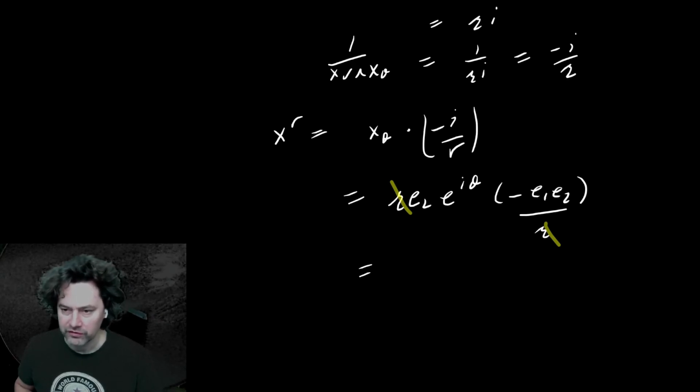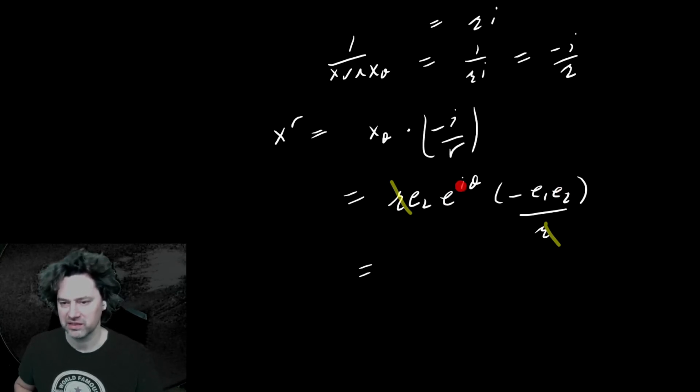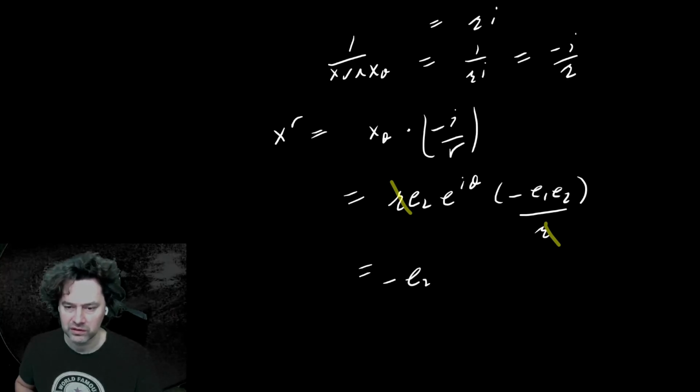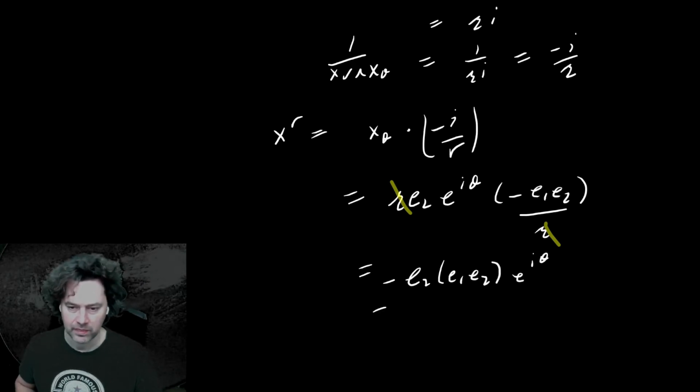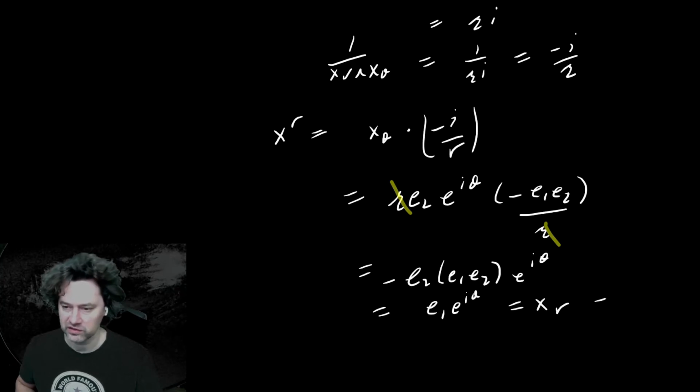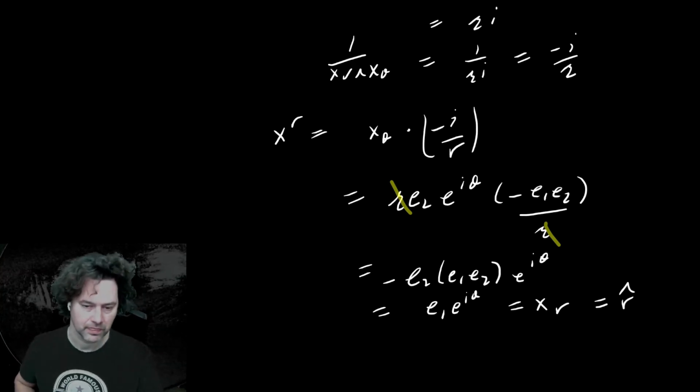So if we permute e1 with e^{I theta}, we get e1 times e^{-I theta}, but then if we do that again with e2, we get e2 times e^{+I theta}, so we're left with e2 times e1 e2 e^{I theta}, which is just minus, that is plus e1 e^{I theta}. And sure enough, we found x^r. This is our r hat. That's all good.